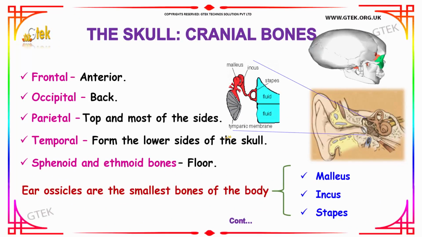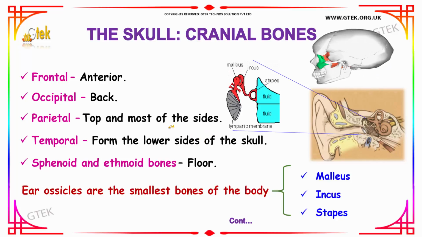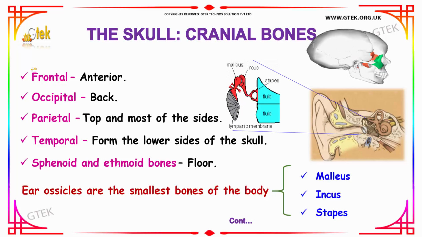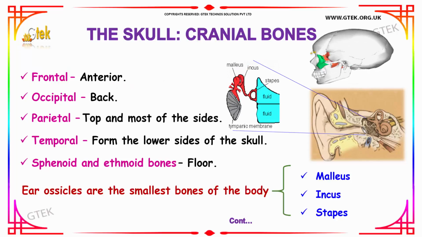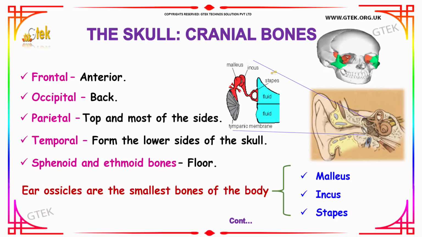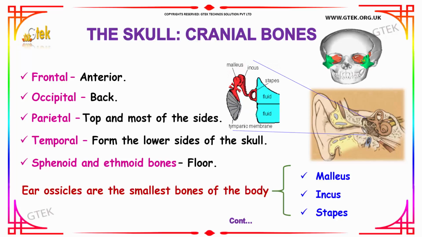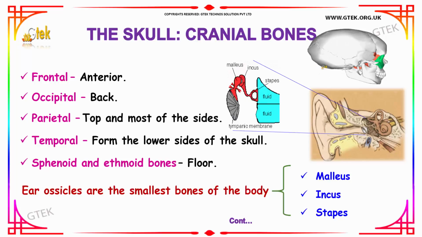Next, we are going to see the cranial bones located in a human skull. The frontal bone is in the anterior portion of the human skull. Occipital is a bone that is located at the back of the human skull.